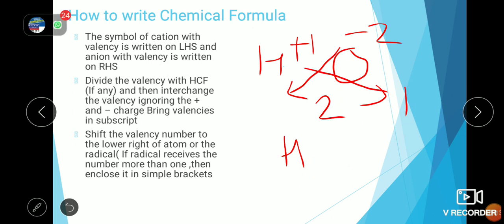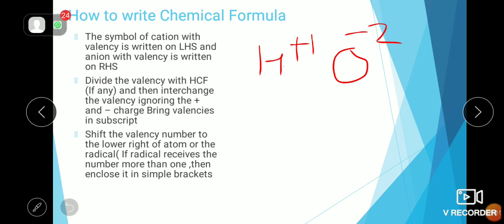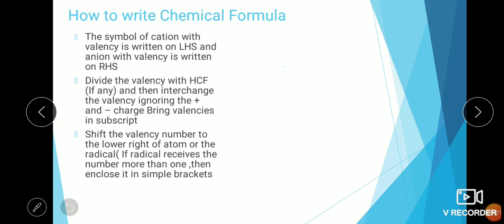So let's take some examples, students, so that we can go ahead and practice the chemical formula of different compounds. Now let's calculate the molecular formula of ammonia. Now from the word ammonia, I can clearly see that ammonia consists of nitrogen and hydrogen.